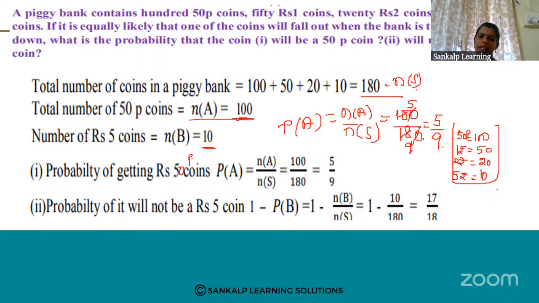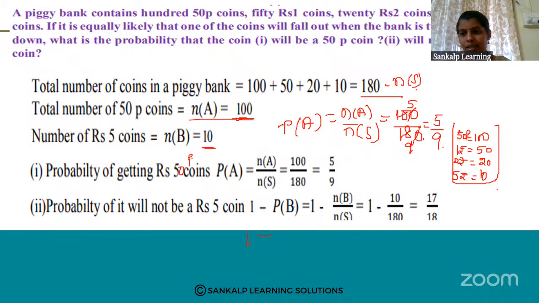Next, the probability that it will not be a 5 rupee coin. How can you calculate it? Whenever it says "not B", you do 1 minus. So 1 minus the 5 rupee coin, which we considered as n of B. That is 10.